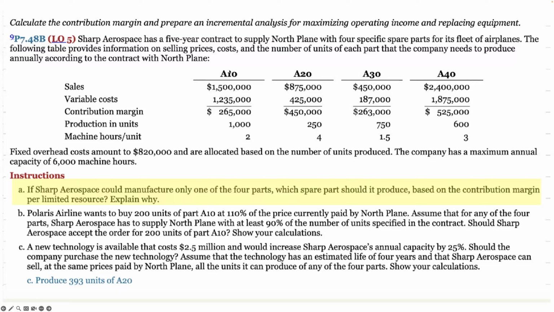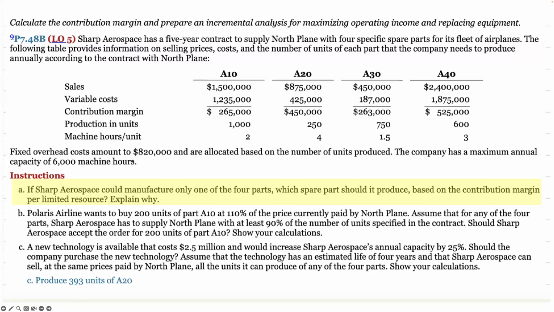So the 4 parts are A10, A20, A30, and A40. The table has the information about their selling price and the cost, contribution margin, and the production in units. Okay, and also how many machine hours are required by each unit.